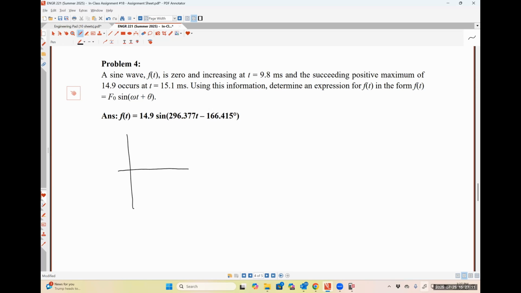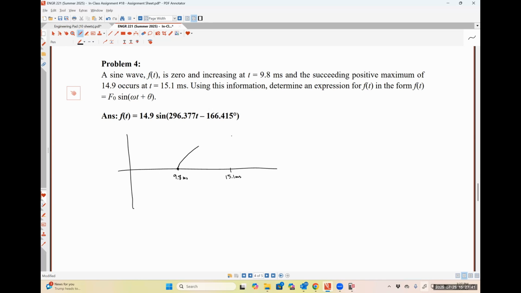So at t is equal to 9.8 milliseconds is right here. We are told that our signal is 0, but that it is increasing, okay? And then at 15.1 milliseconds, over here, it hits its maximum of 14.9.